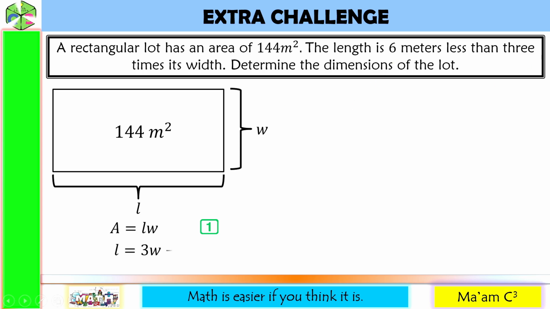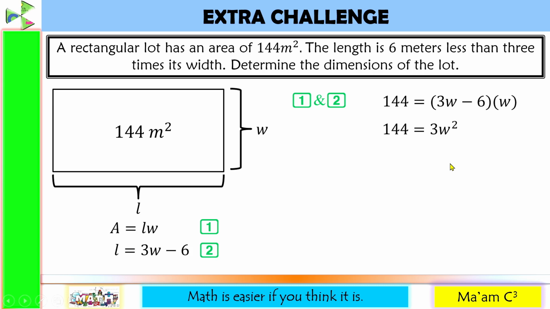So L is equal to 3W minus 6. This will be our equation 2. Let us combine equation 1 and 2. Let us substitute 3W minus 6 for our L here. W times 3W is 3W squared. W times negative 6 is negative 6W.